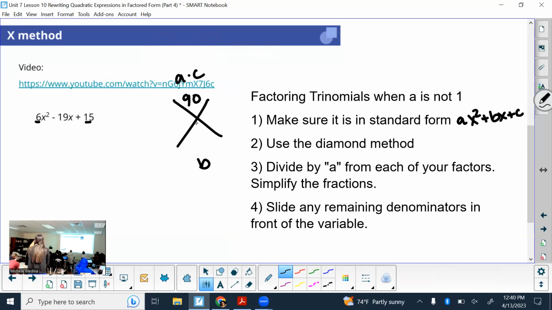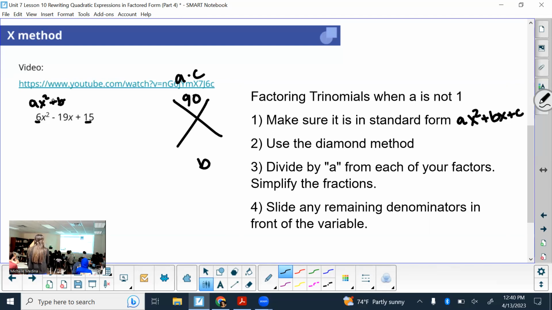Let's see. Caleb, can you tell me what goes on the bottom? I think it's me. No, that's okay, Caleb. Okay, maybe if I write the standard form right next to it?